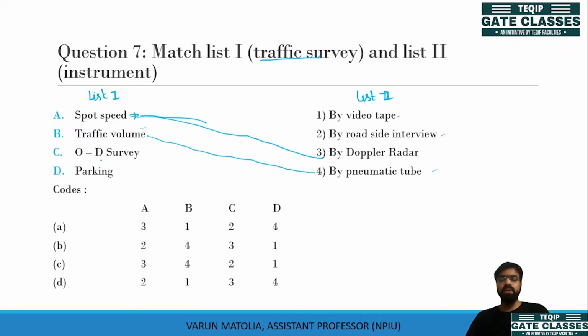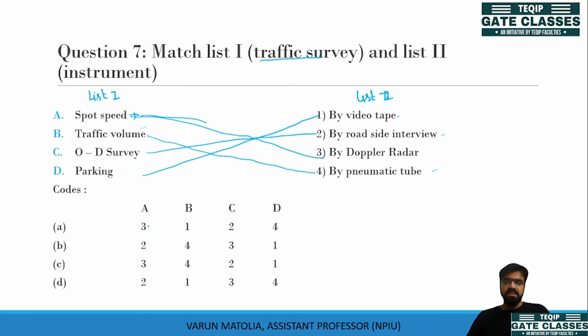Then about O&D survey. O&D survey is done using roadside interview, because parking study cannot be done by roadside interview. This is better matched with your roadside interview, and the parking studies is matched with your videotape.